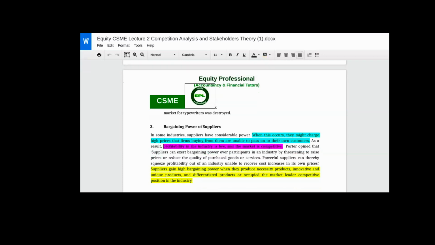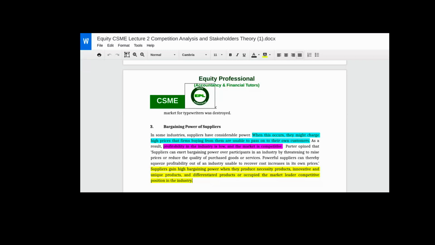Because in the competitive industry, we have four competitive market positions. We have the market leader position, market challenger position, market followers position, and market niche position. One, two, three, four. The market leader position is occupied by, for instance, in the telecommunication industry now, MTN.